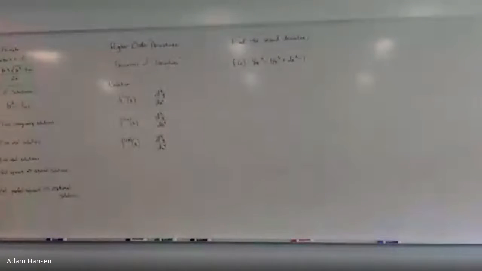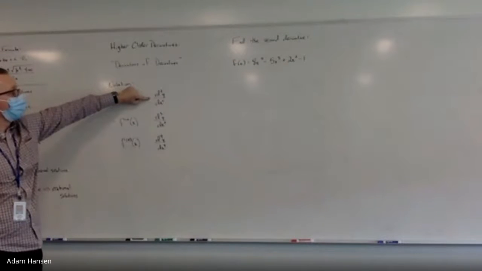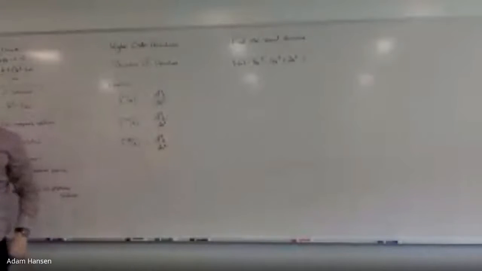Some notation here. The first notation is d squared y over dx squared. This is the notation for the second derivative.